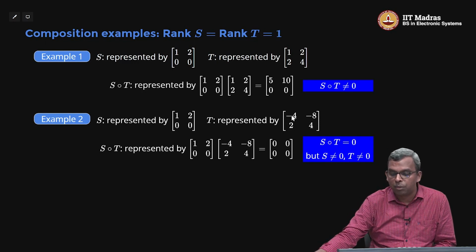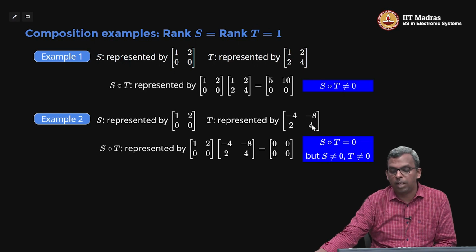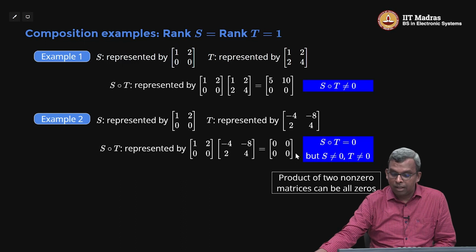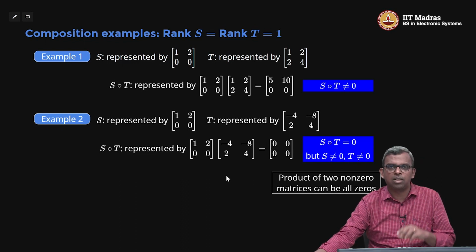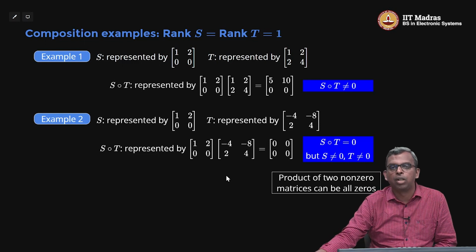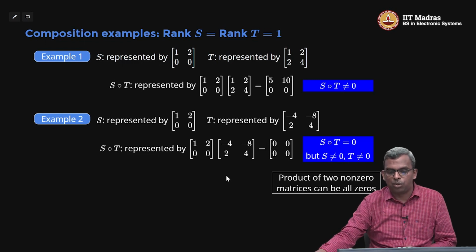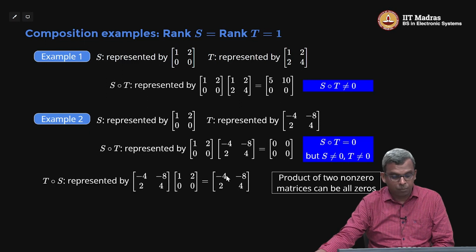Hope you see that, because minus 4, 2 when multiplied by 2 will give you minus 8, 4. So, this is rank 1. There are two rank 1 matrices and they behave in this strange fashion. So, the product of two non-zero matrices can be all zeros. This complicates our study of compositions, and one needs to pay attention to this particular case.